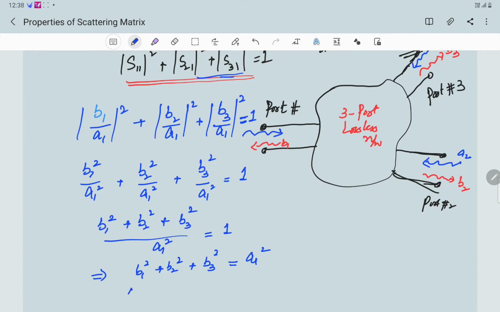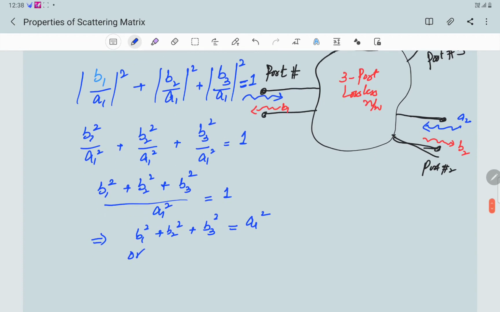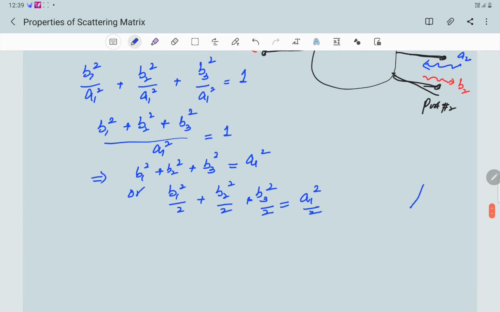If I divide this equation by 2, that would mean B1 square by 2 plus B2 square by 2 plus B3 square by 2 is equal to A1 square by 2.